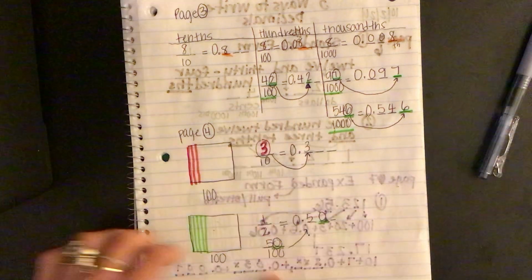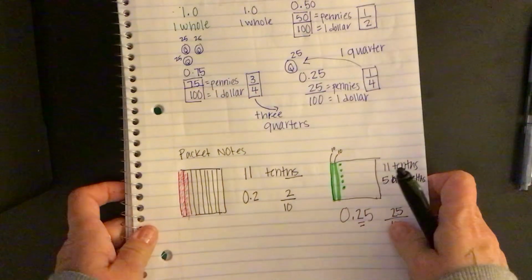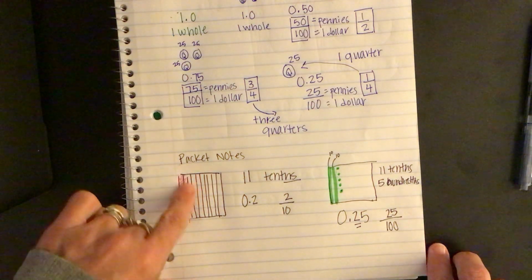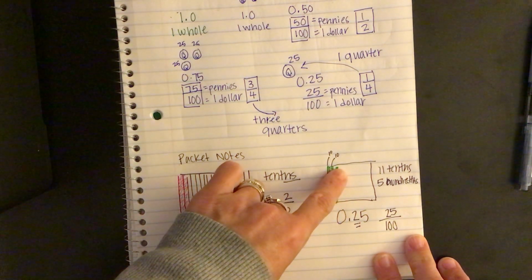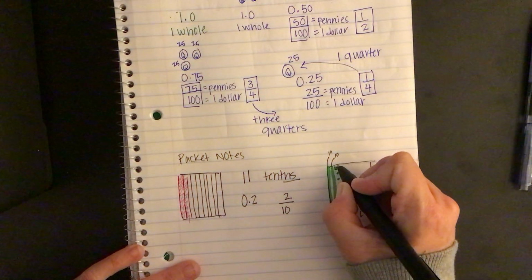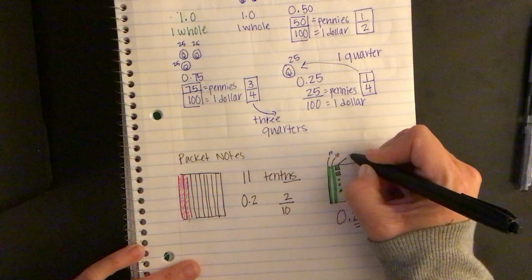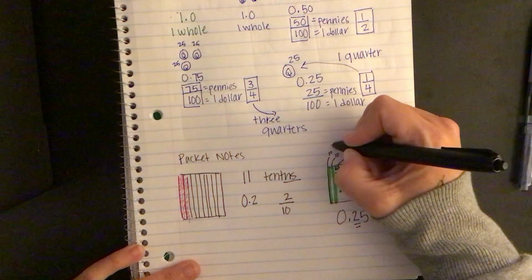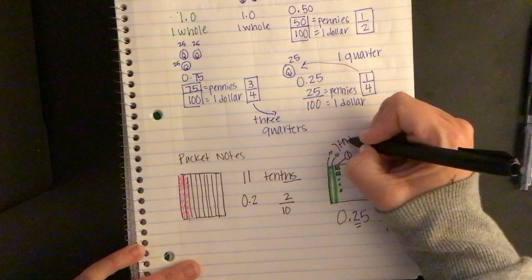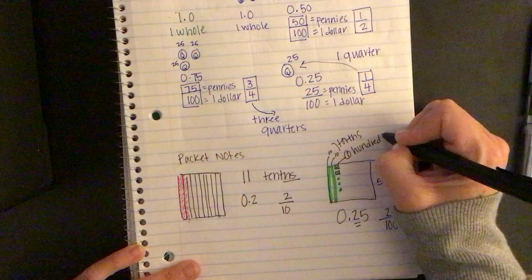This should all be review for you. Same thing. So again, you're going to see things that look like this, and those will be tenths. And you might see rods and individual little squares filled in. The rods are 10, and these are 1. So these are tenths, and these are hundredths.